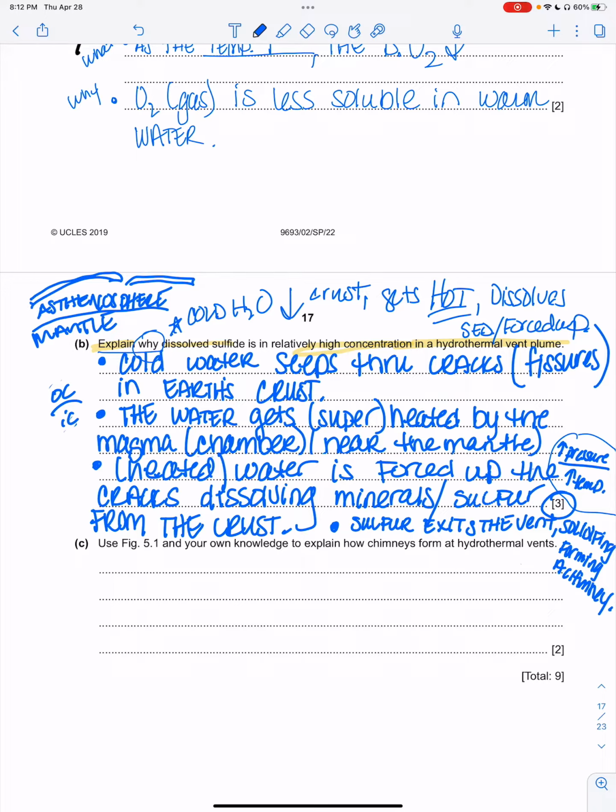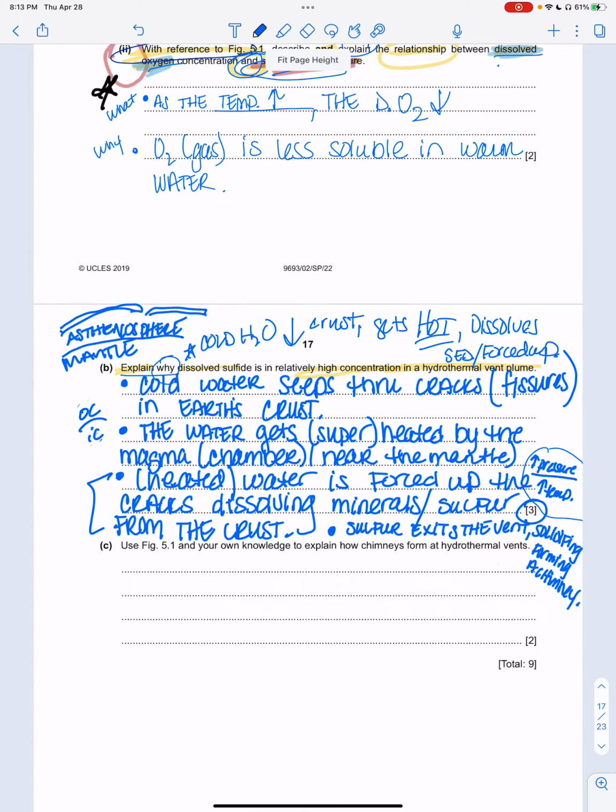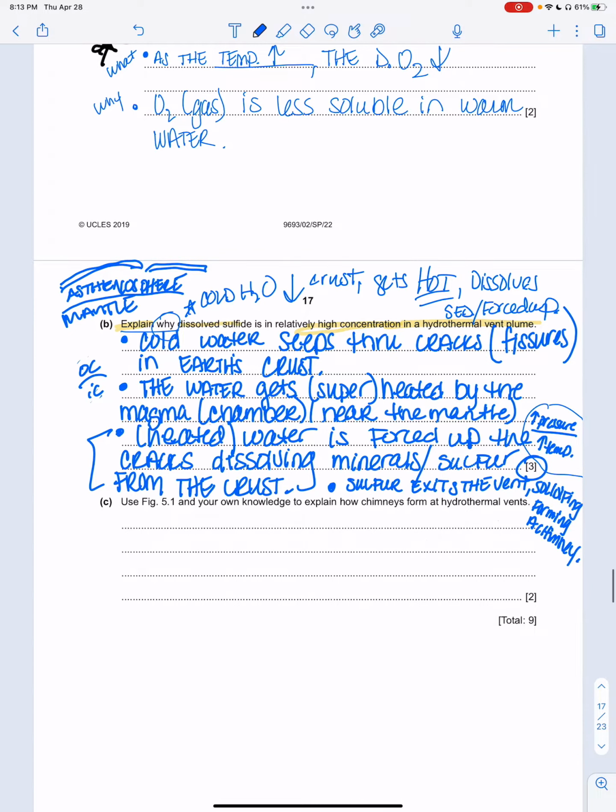Essentially, it's all of this. The sulfur dissolves, dissolving minerals, high pressure will move it back up. This mark right here essentially answered too. Explain how chimneys, oh, I just answered it. I just answered it.